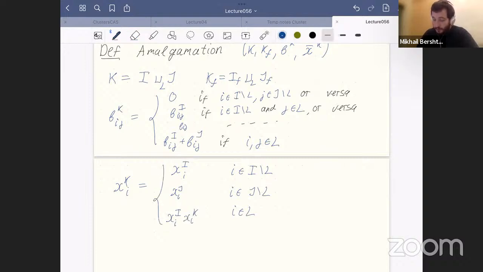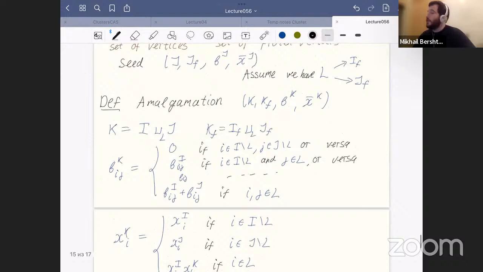This is the definition. Are there any questions about this definition?